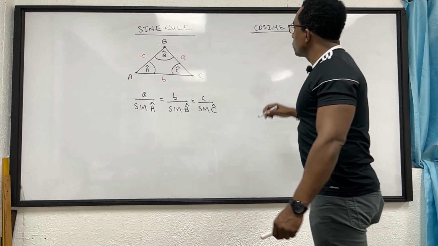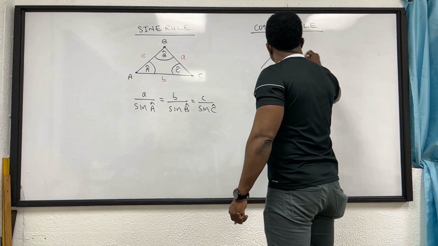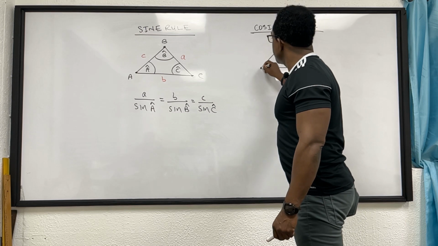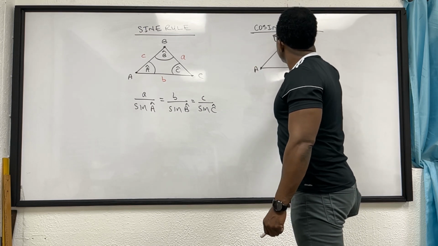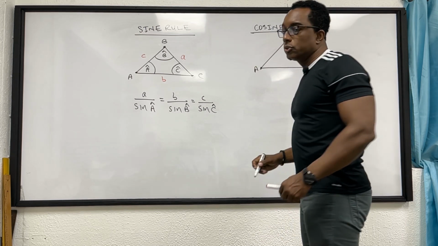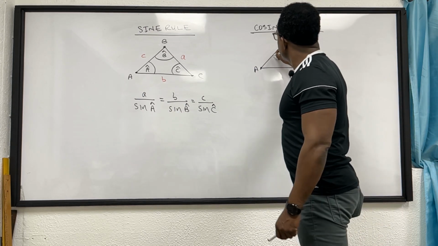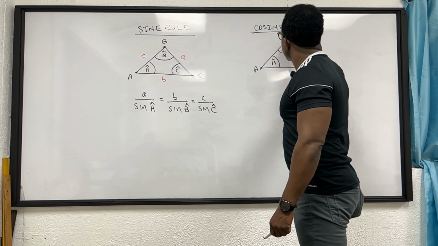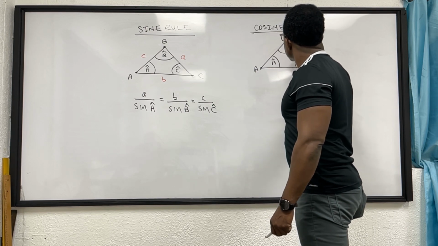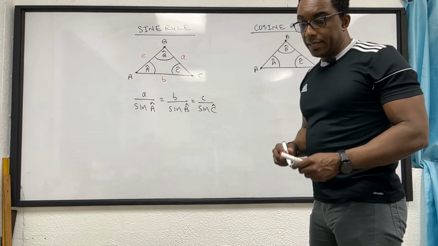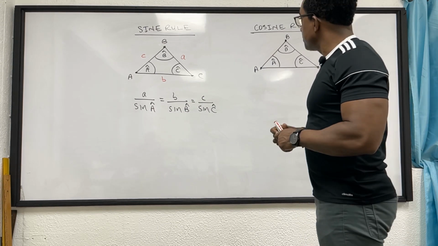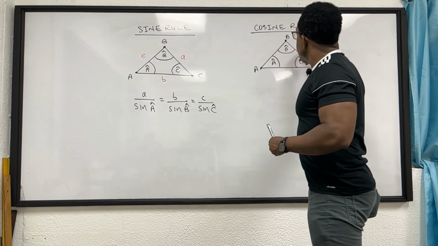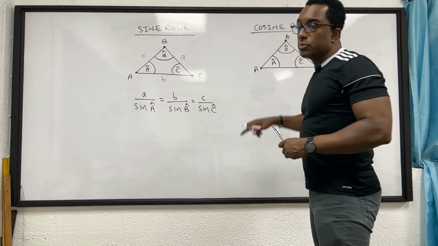So again, for the cosine rule, let's draw another triangle, labeled the same, A, B, C. So we have those three vertices. We have three angles, angle at A, angle at B, angle at C. Again, to label, we look at the vertex, and the side opposite that vertex, we use the lowercase letter.